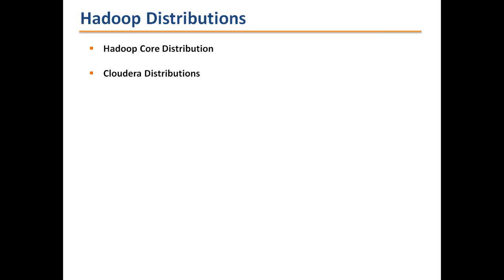Through Cloudera Manager only we can install and download the CDH. I will show how we can install Cloudera Manager, and what things will be there in Cloudera, CDH4 and CDH5.